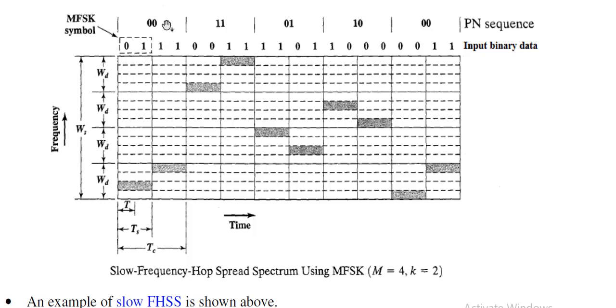Here we are in the first channel. 00 means this channel, 11 means this channel, 01 means this channel, and 10 means this channel. Now let's start with our first data, 01. Not this, this is 01, the data here.